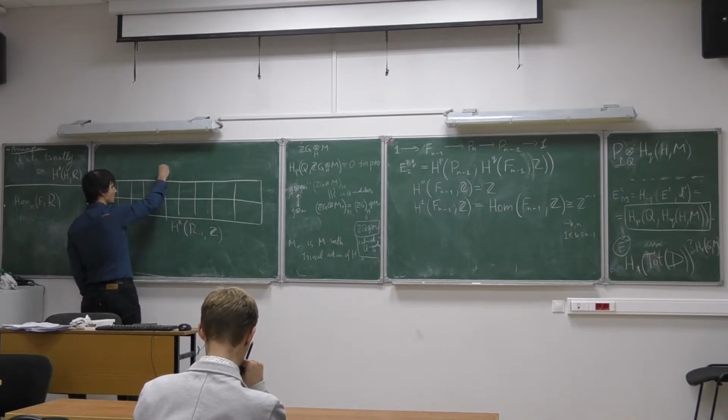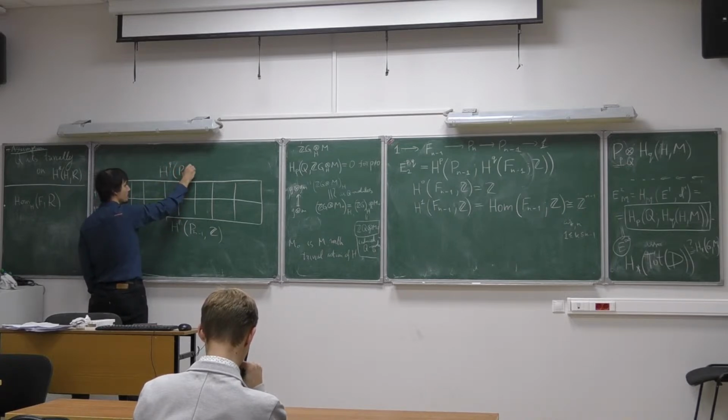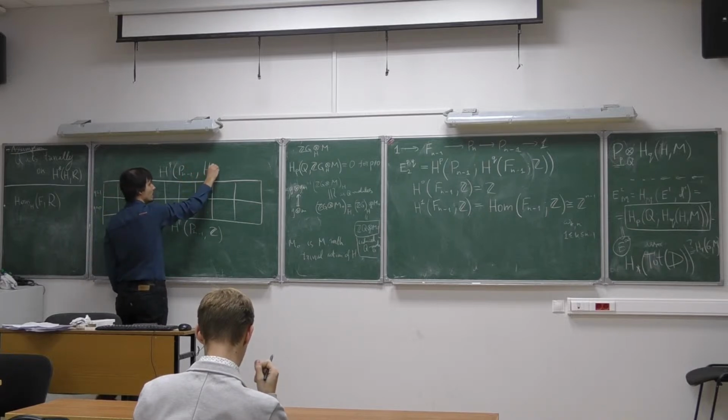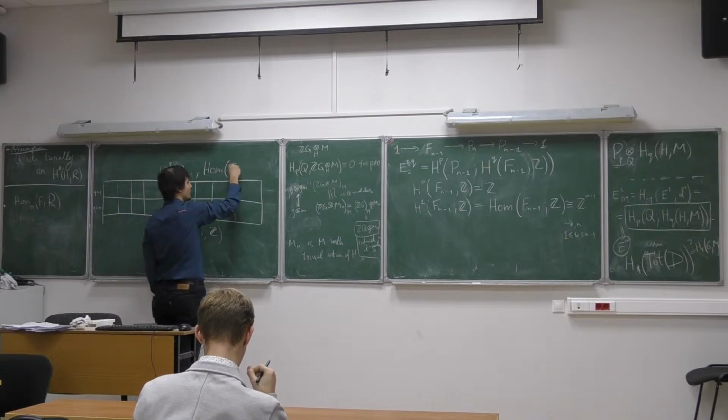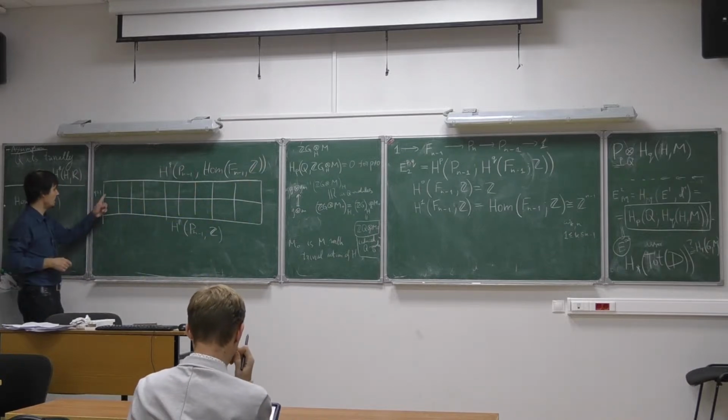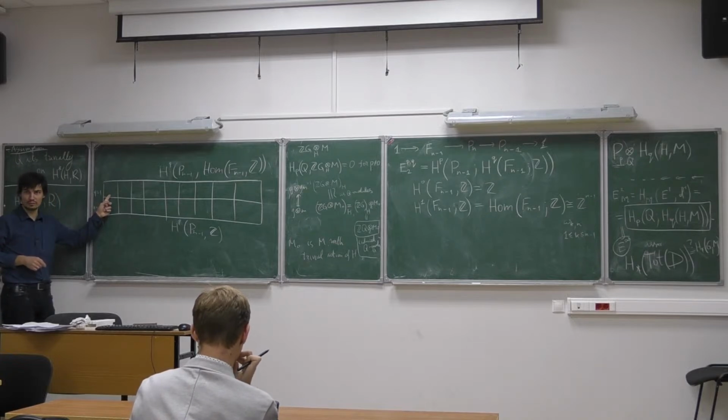And the first row is the cohomology of P_{n-1} with coefficients in Hom from F_{n-1} to Z. Well, in particular, I am interested in this group. What is this group?